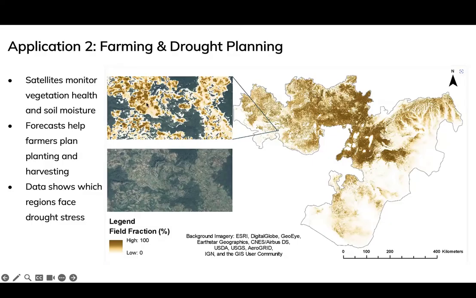If we have a look at some of these patches, this dark patch over here corresponds with a very, very green patch here. So this will help us to see where there is vegetation, where the vegetation is drying out, and where we have areas that are turning into a drought condition.